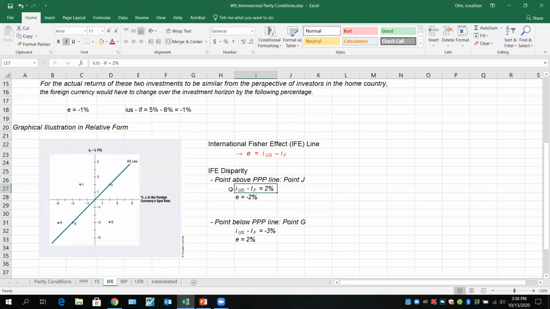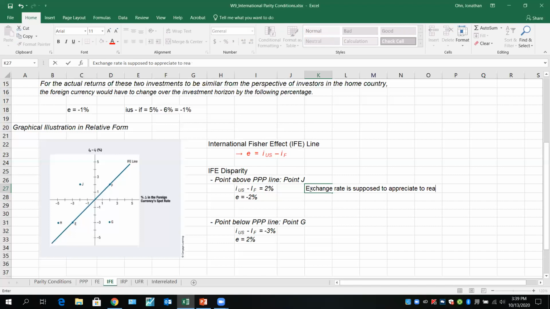In this condition, the flexible exchange rate is supposed to continue to appreciate to reach 2% during next year.